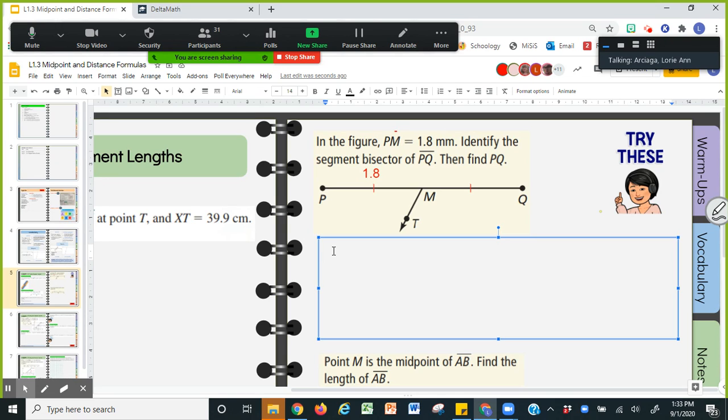So how will you answer the first question? Identify the segment bisector of PQ. In other words, what is that line, ray, or point that divides the segment PQ into two congruent parts? So what are the possible answers?